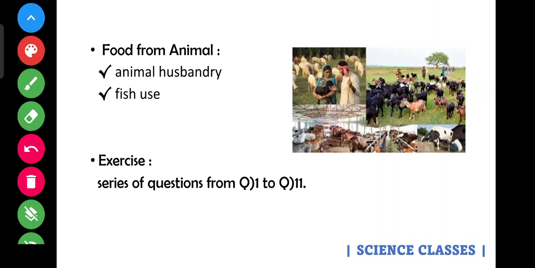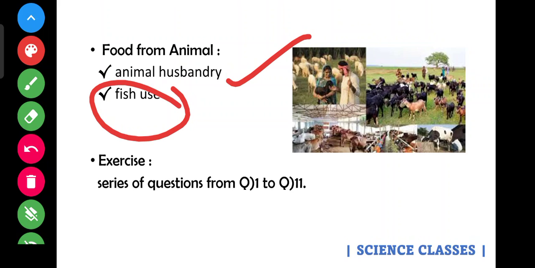Animals raised at home or in farms have to be provided with proper food, shelter, and care. When this is done on a large scale, it is called animal husbandry. One more is the use of fish.